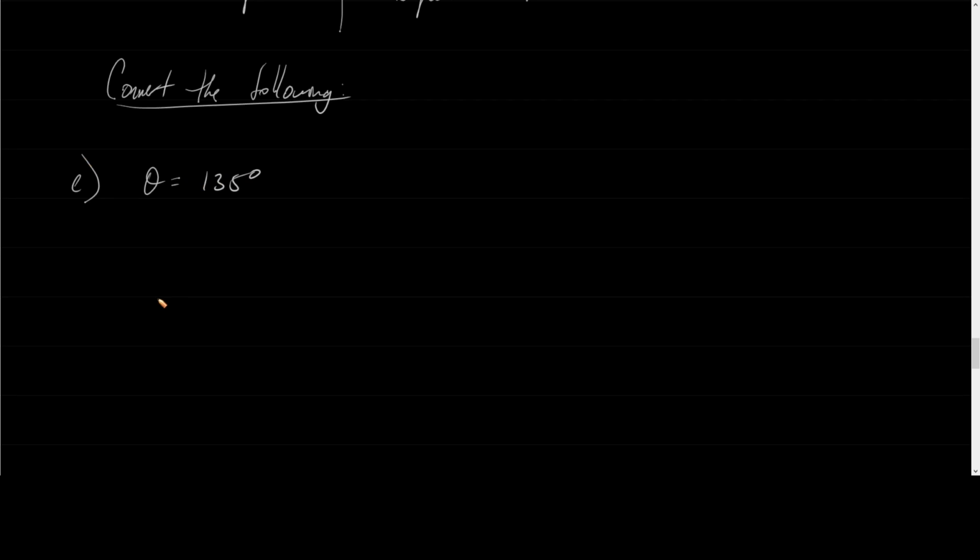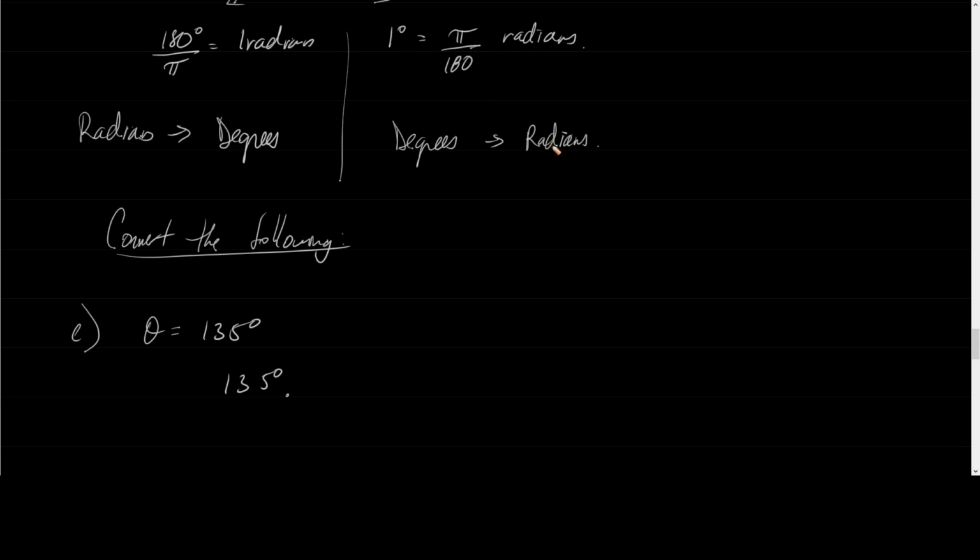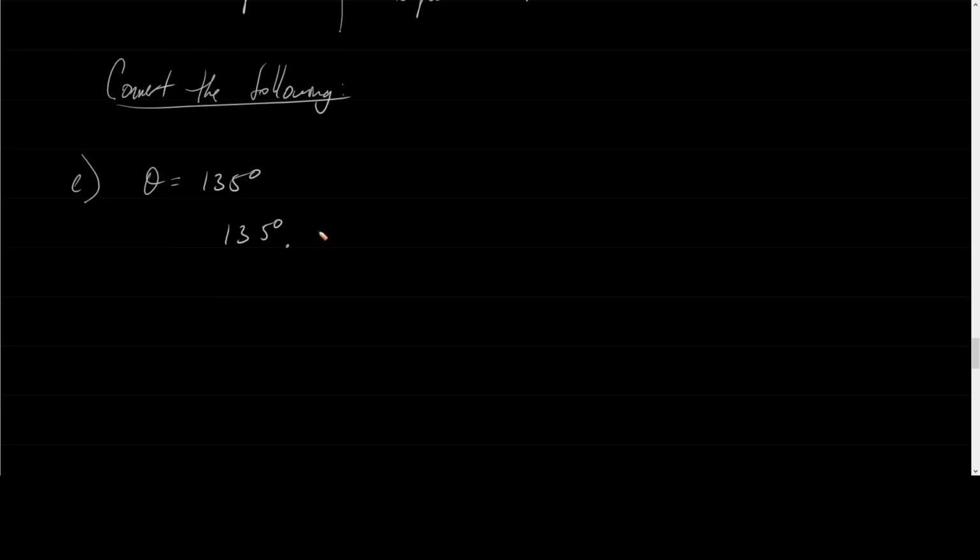Because I'm starting with degrees, so I want to convert it to radians. So in here, what I'm going to do is I'm going to take 135 degrees and I'm going to multiply it by 1. But that 1, we wanted to cancel out degrees and go to radians. So since we want to go to radians, I need to use pi over 180. So I'm going to multiply this by pi over 180 degrees.